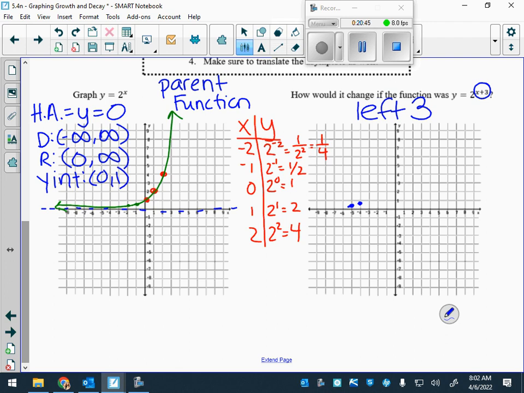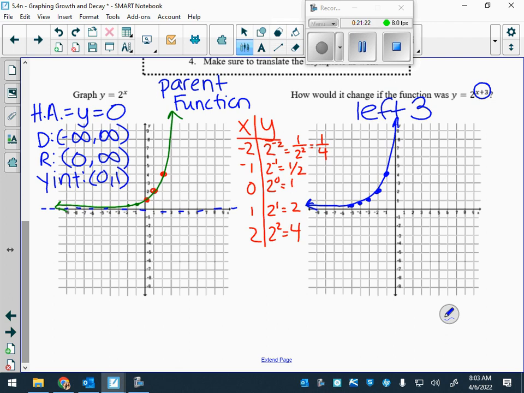Good. 0. Moving left 3. Where would I be? -3, 1. Excellent. Okay. 1. Moving to the left 3. -2, 2. Okay, and the last one will be -1, 4. Okay, so we just moved to the left 3.